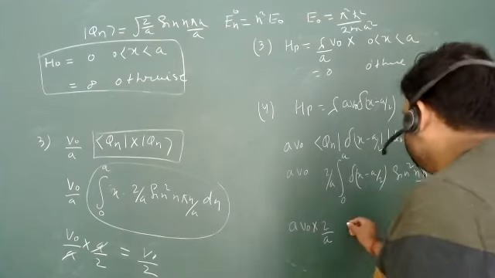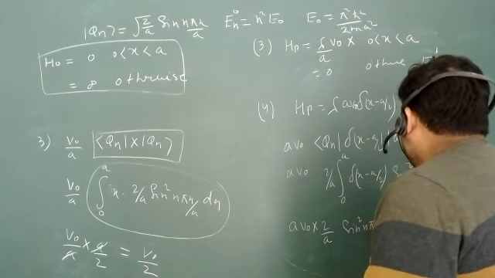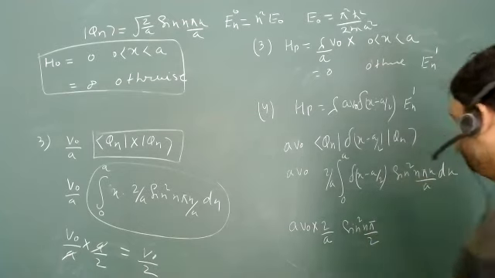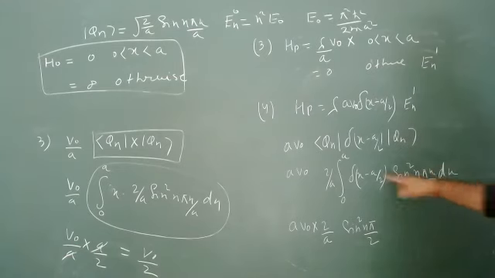Now look at here. This value is sine square n pi by 2, isn't it? यही तो होगा. You will replace x by a by 2. You know the definition of Dirac delta. So a and a will cancel, and this will be n pi by 2.